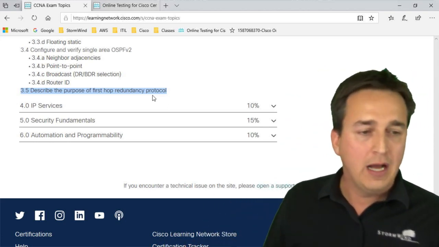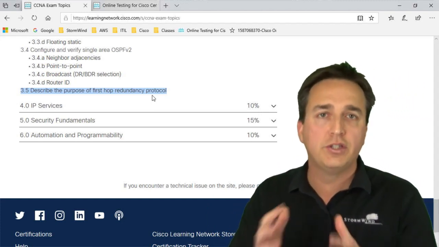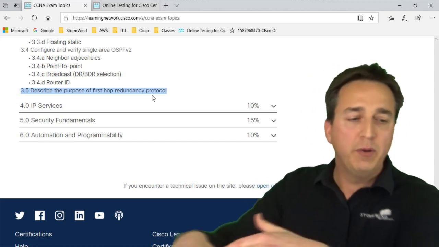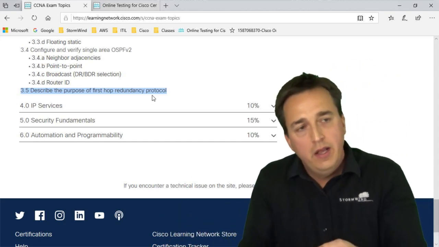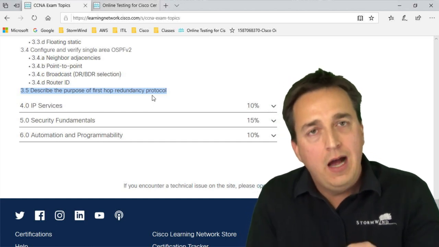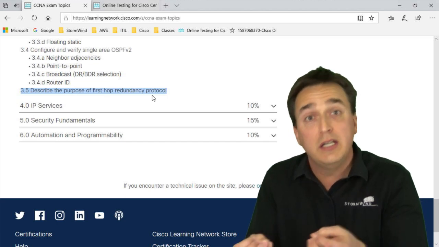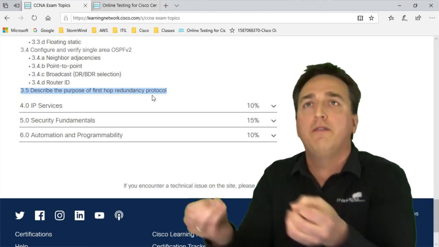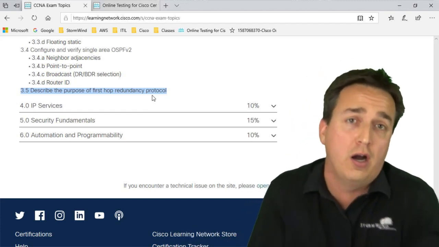Describing first hop redundancy protocols, for folks, is not descriptive enough. Here's what I would prefer to see, so that you are not missing valuable information. It should be more like identify the purpose and characteristics of first hop redundancy protocols, including HSRP and VRRP.